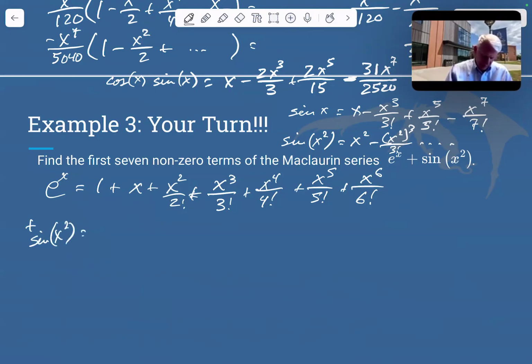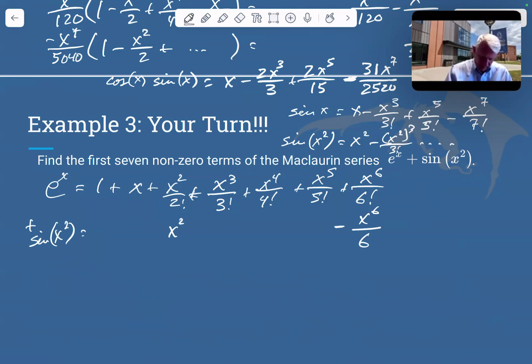Let me put it in an appropriate spot. So I've got x squared here. And then I don't have anything until this x to the 6. So x squared to the third power, you multiply those. So I've got x to the 6, and I need to subtract that over 3 factorial. So that's going to be 6.